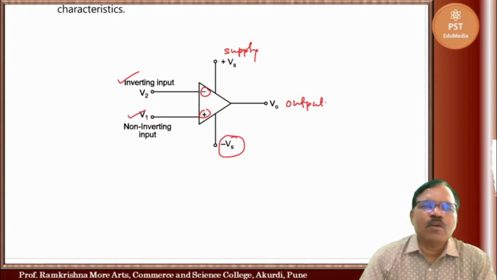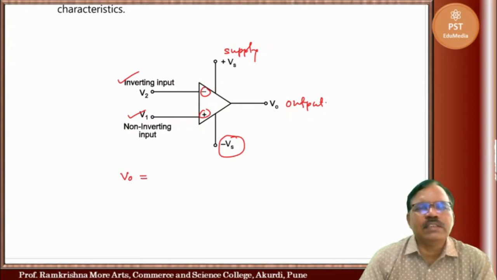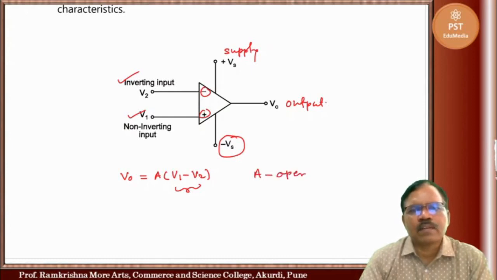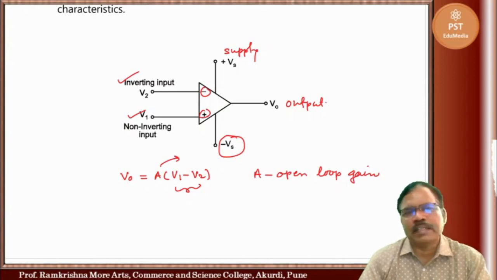Now the output voltage of this operational amplifier is V0 equal to A times (V1 minus V2). So it is the difference of inputs, and A is called the open loop gain. Generally this gain is very high, ideally infinite.